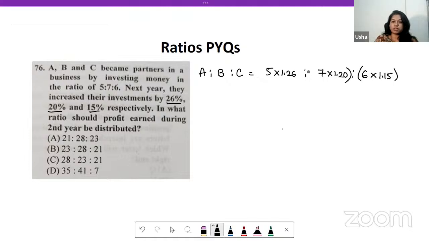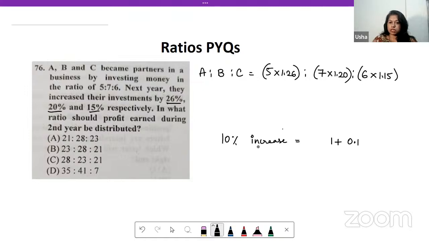So whenever there is a percentage increase, I think we have discussed this in yesterday's class as well. Whenever there is a percentage increase, convert the percentage to decimal and add it to 1. If there is a percentage decrease, convert the percentage to decimal and subtract from 1. So if there is a 10% increase in any of the values, convert this percentage to decimal, which is 0.1.